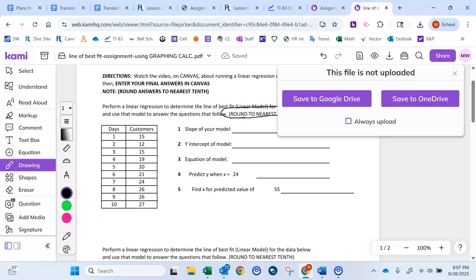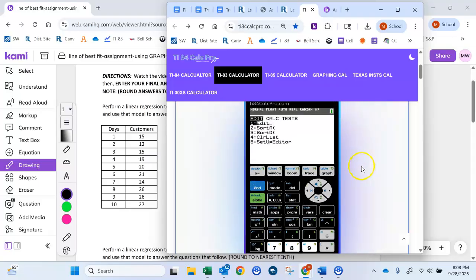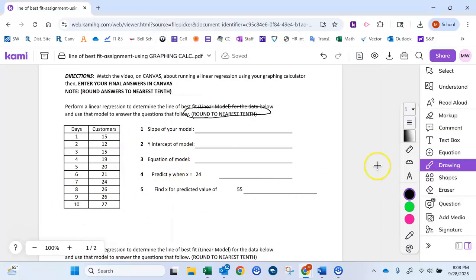Okay, let me get my graphing calculator. I want to get this data right here, and I'm going to press stat. It's hard to see this. I'm going to choose 1, so I can enter in the data. I'm going to enter in 1, 2, 3, 1, 2, 3, etc. I won't make you watch all of it so I can save time.